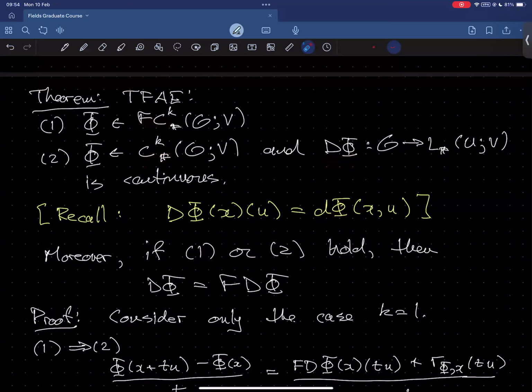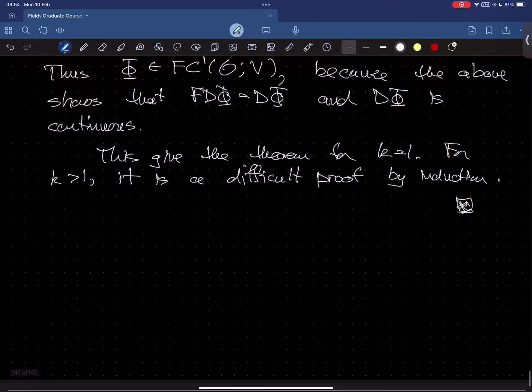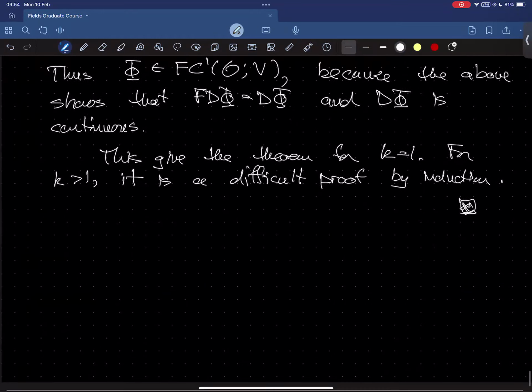There are counterexamples of things that are C1 but for which the derivative is not continuous, so they're not FC1. Those counterexamples are kind of complicated, but nonetheless they exist. So you'd still like to know, without any additional assumptions on the derivative of phi, can I conclude FCk from Ck in some way? Well, you can't do it from Ck, but you can do it from Ck plus 1.